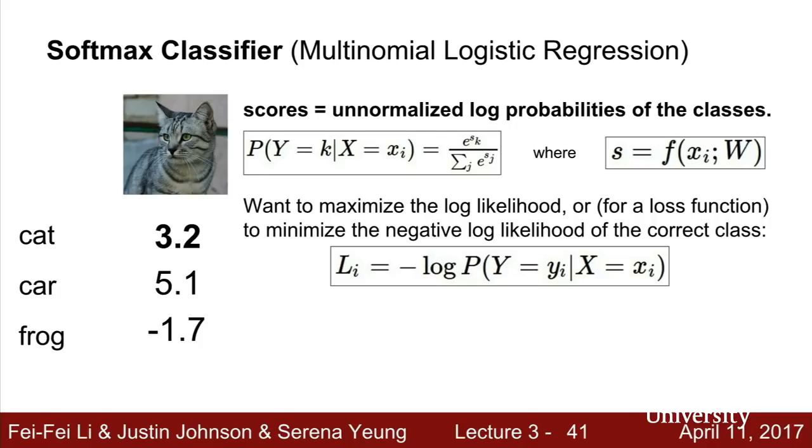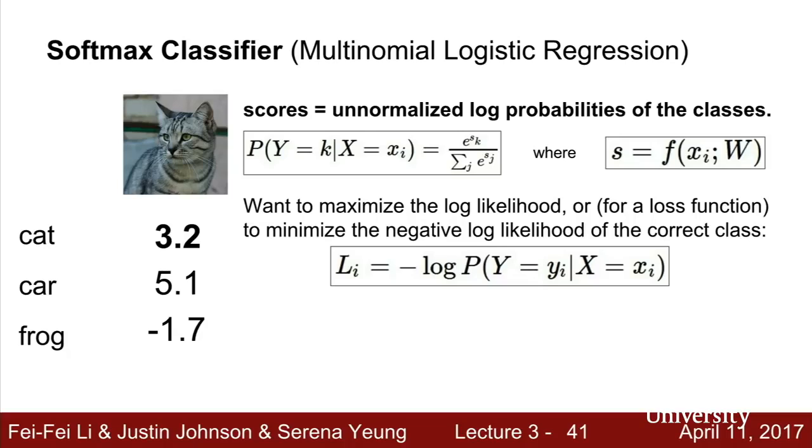Now what we want to do is encourage our computed probability distribution coming out of this softmax function to match this target probability distribution that has all the mass on the correct class. And you can view this equation in many ways. You can view this as a KL divergence between the target and the computed probability distribution.